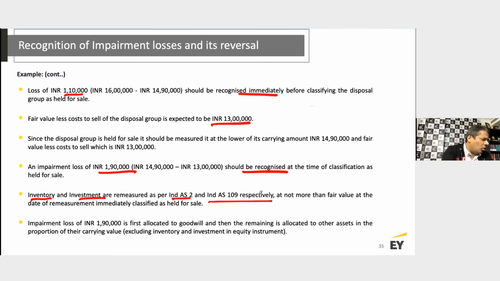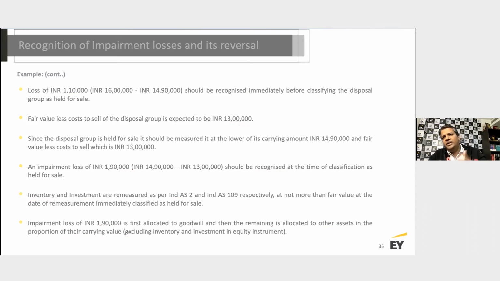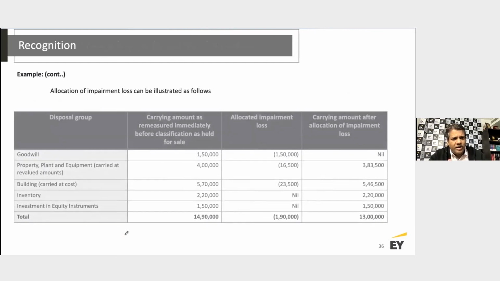So the impairment loss of 1 lakh 90,000 is allocated to goodwill, and then the remaining is allocated to other assets in the proportion of their carrying value, excluding inventory and financial assets, because they have already been measured as per Ind AS 2 or Ind AS 109. Okay, so let's see how we need to allocate this.